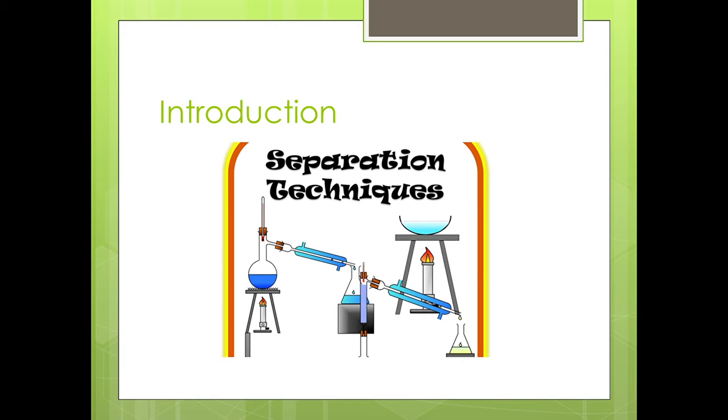So these separation techniques are all about how we extract a particular thing from a solution. It could be the solute, the solvent, or a solvent from many solvents which are miscible. Let's move on further.